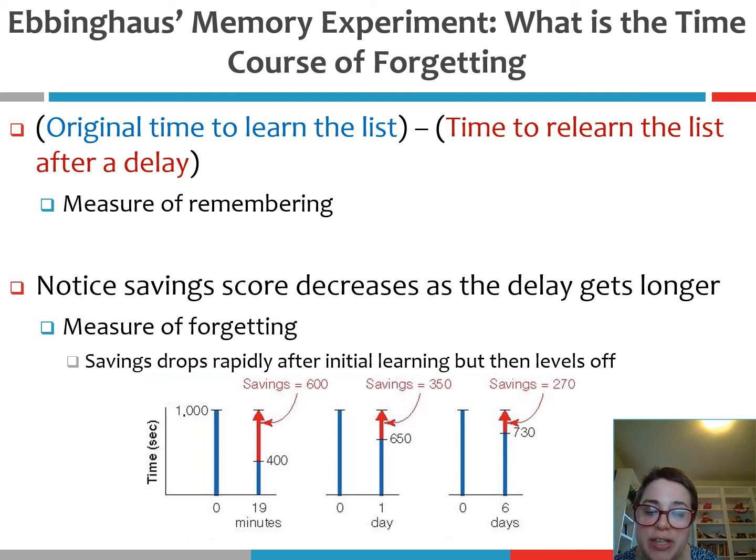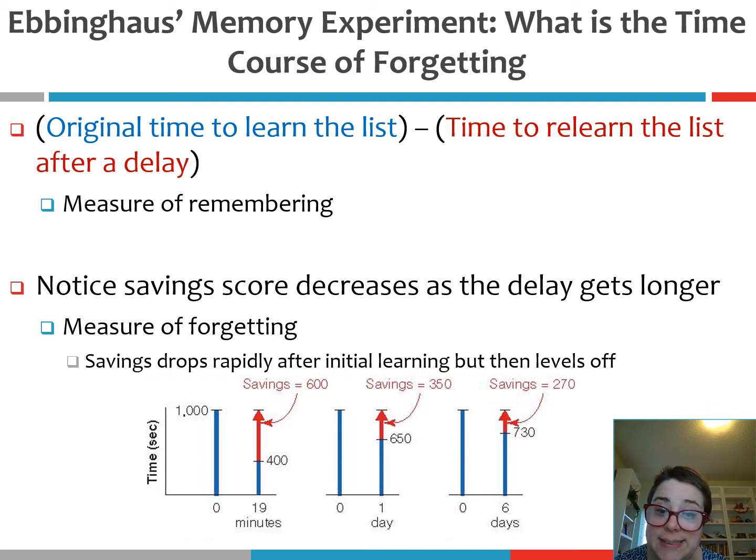So just like it took you guys in our example 30 minutes the first time you studied the flashcards, and 22 minutes the second time you studied the flashcards 24 hours later, right? Your savings in that case would be a savings of 8 minutes. And this savings score reflects the quantitative index or quantitative measure of what you remember, right? So that's what Ebbinghaus did using his nonsense syllables, right?